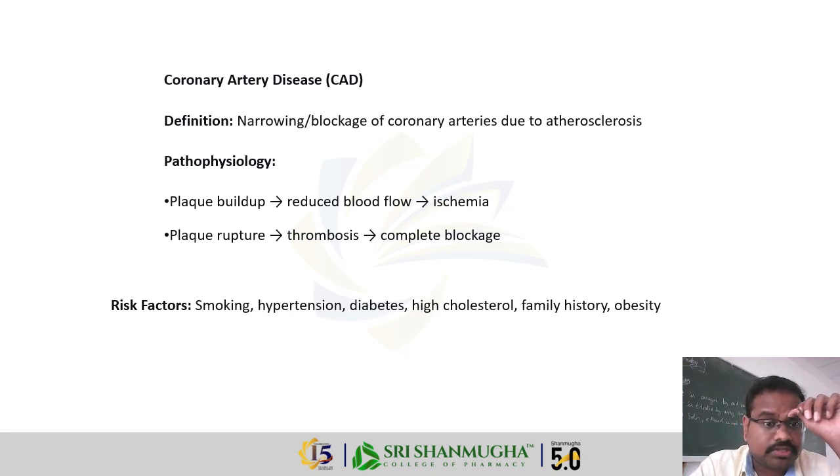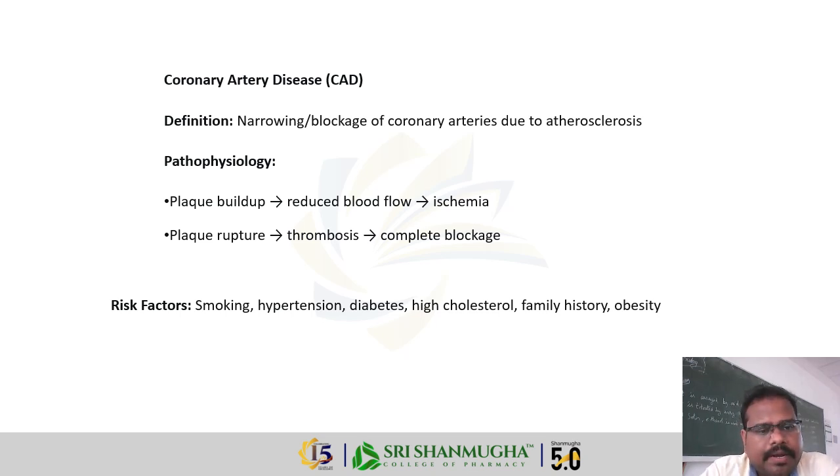So what is the pathophysiology? That is plaque buildup and reduced blood flow. I already told you that plaque is a kind of lipid that builds up on the arteries. This buildup may reduce the blood flow, which will lead to ischemia.